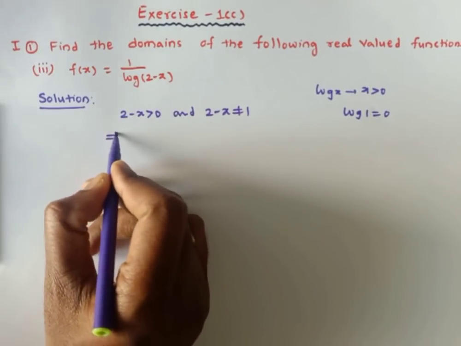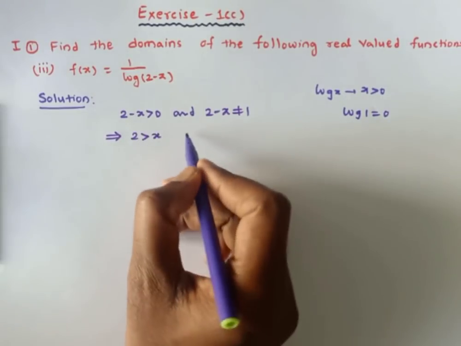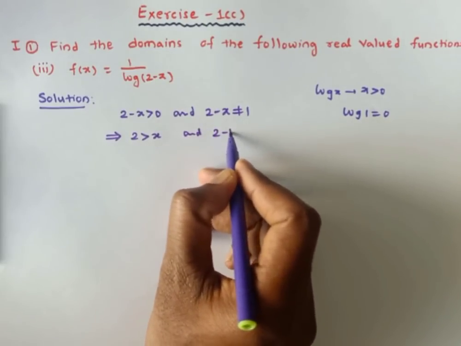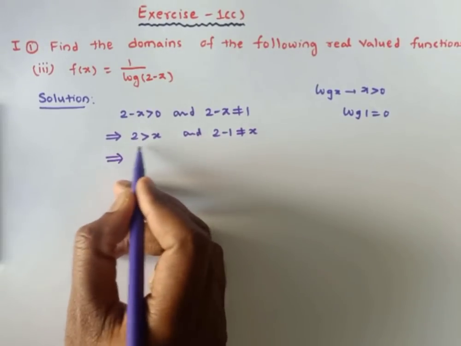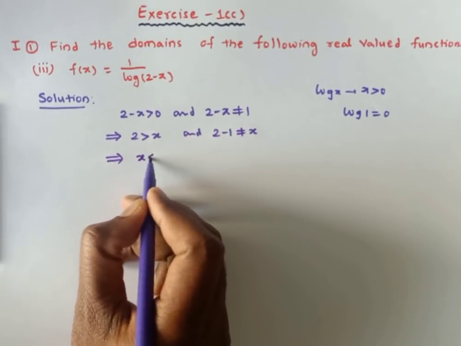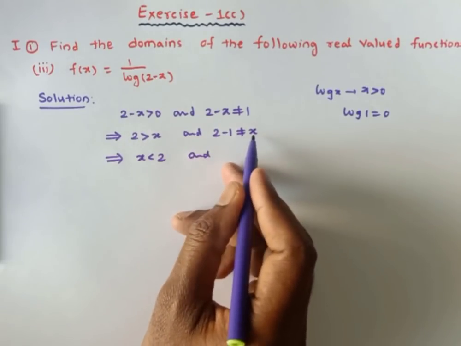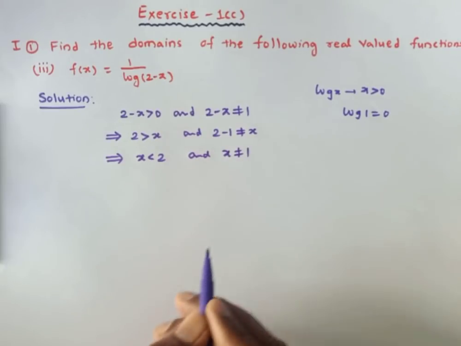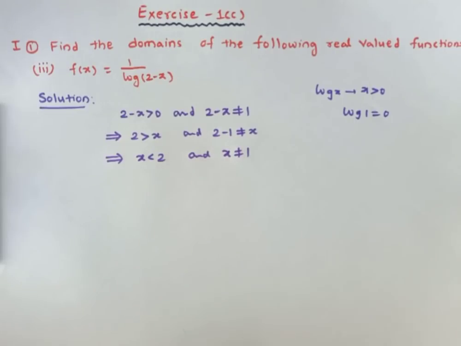So 2 minus x is greater than 0, that means 2 is greater than x. Here 2 minus x is not equal to 1, so 2 minus 1 is not equal to x. This implies 2 is greater than x, that means x is less than 2. Here 2 minus 1 is 1, so x is not equal to 1. Therefore the values of x are less than 2 but not 1.